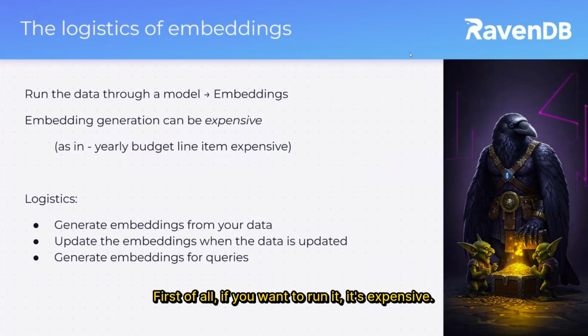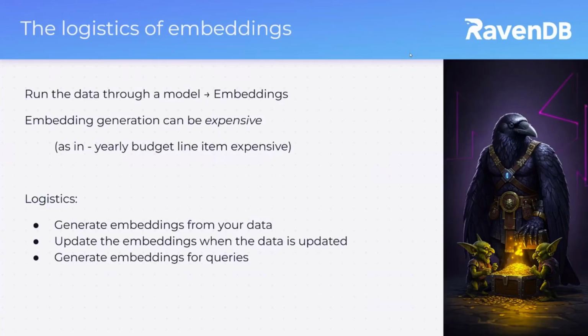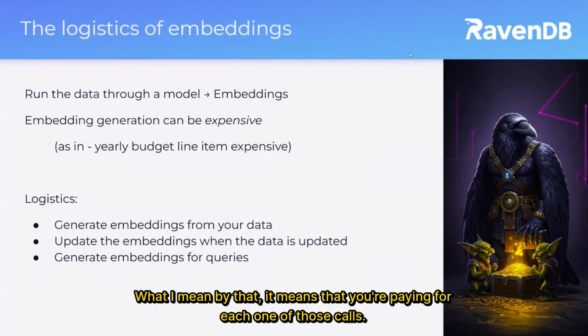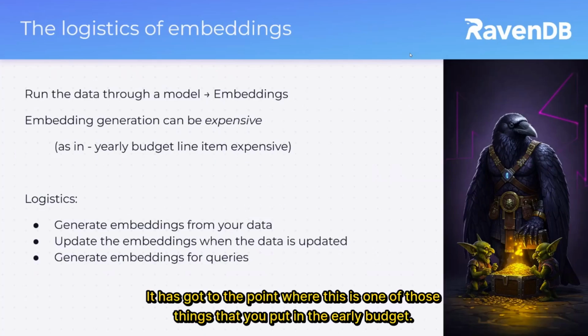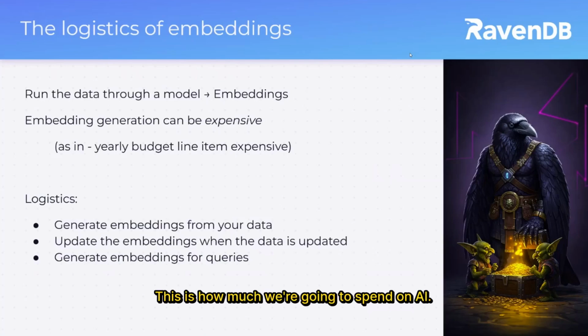First of all, if you want to run it, it's expensive. What do I mean by that? It means that you're paying for each one of those calls, and the more data that you have, the more obviously you would pay. It has got to the point where this is one of those things that you put in the yearly budget. This is how much we're going to spend on AI.